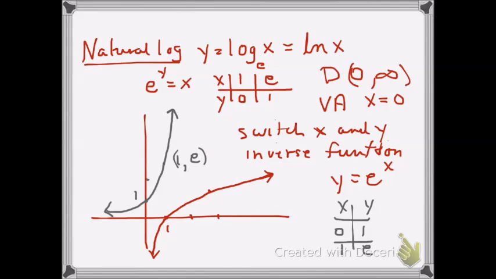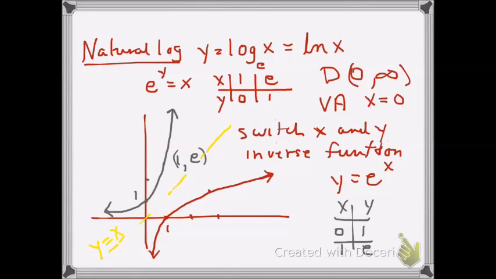And you'll see that this is a reflection of the original graph across the line y equals x. I'll plot that up through the origin. So here's the line y equals x.